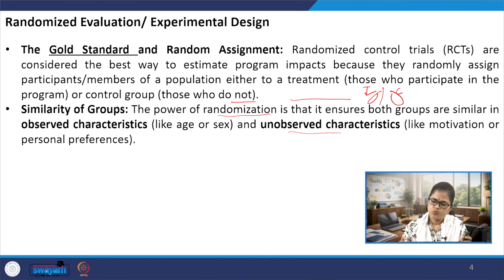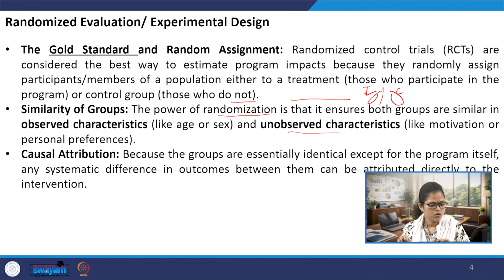When we divide the group into the treatment group and the control group, the randomization process ensures that the characteristics across the groups are similar, whether observed or unobserved.